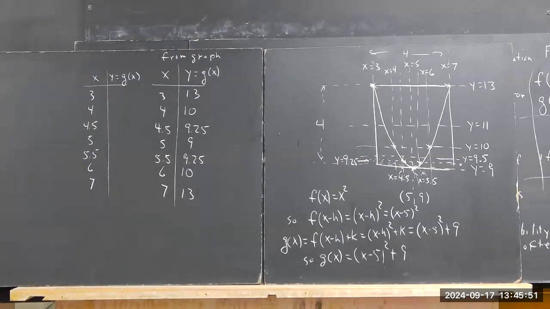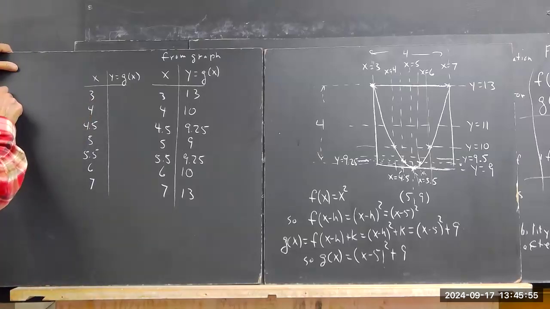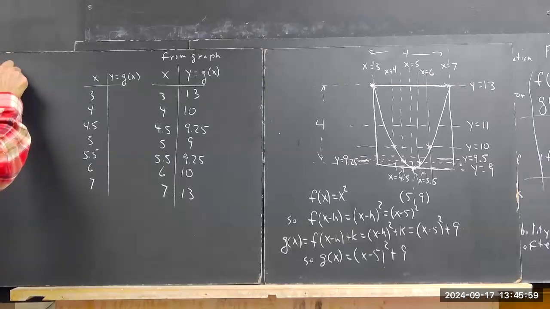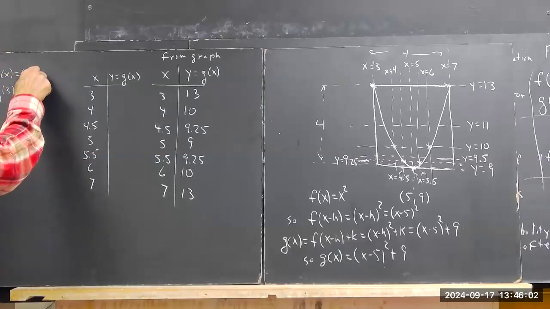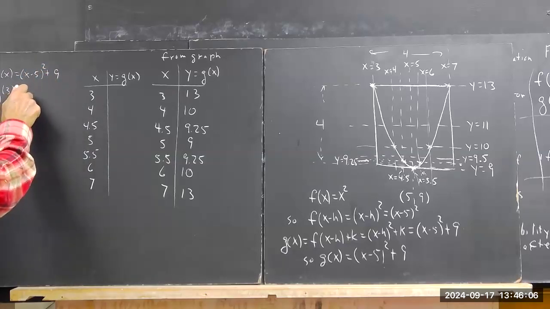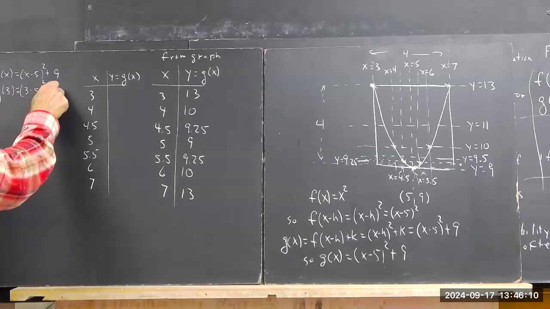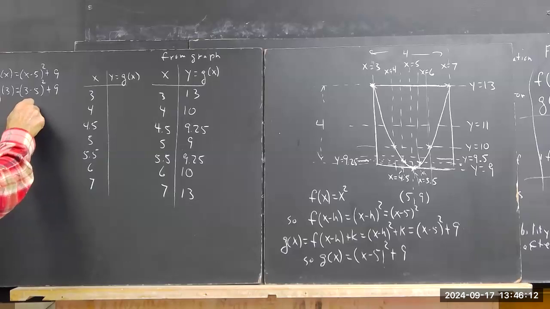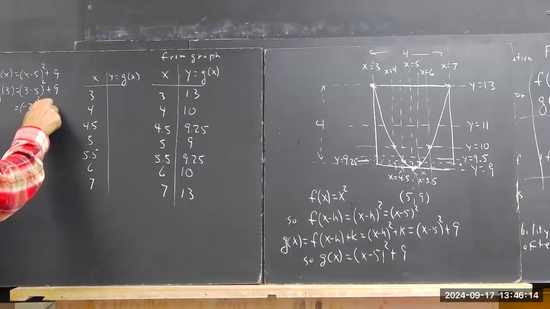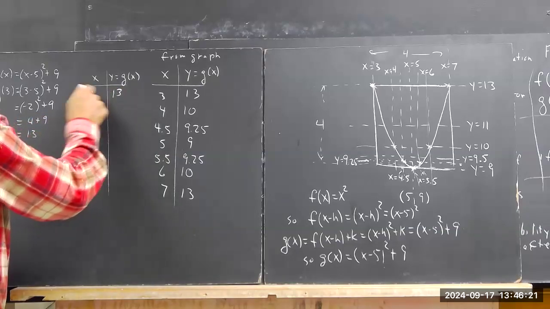So for example, if I plug in 3, first of all, g of x is x minus 5 squared plus 9. G of 3 is 3 minus 5 squared plus 9, which is negative 2 squared plus 9, which is 4 plus 9, which is 13. So we're going to put 13 here.